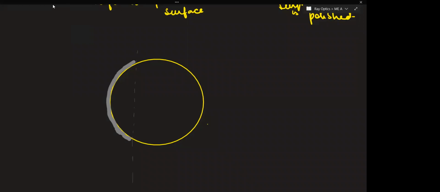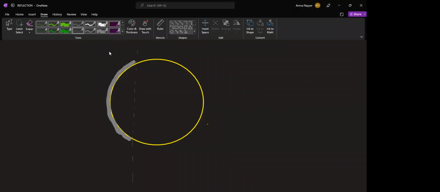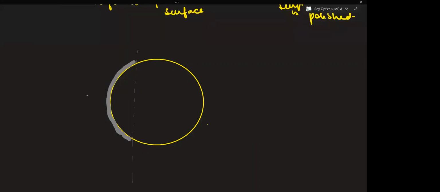But there are certain terms that you have to understand before you move on to the details. This whole reflecting sphere will have its center. We call the center the center of curvature.